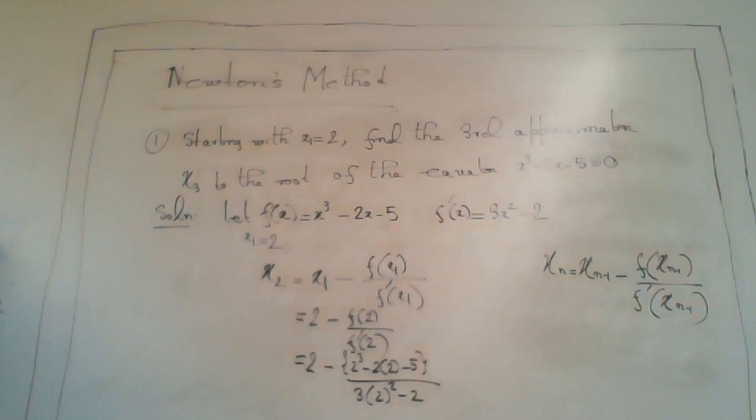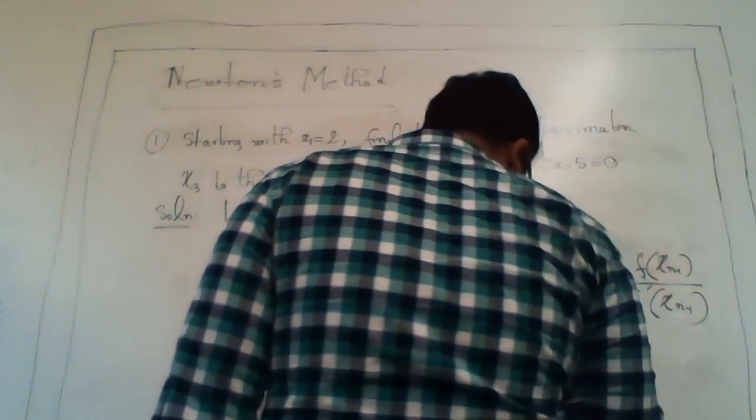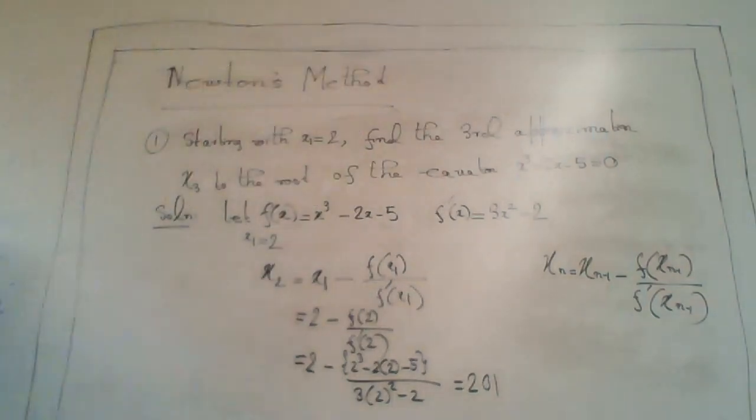Division: two square is 4, 4 times 3 is 12, 12 minus 2 is 10. So you get minus 0.1. Then you multiply it with another minus one, so you get plus 0.1. So you get 2.01 as your answer. Okay, so this is your first step. You compute out the value of x2.